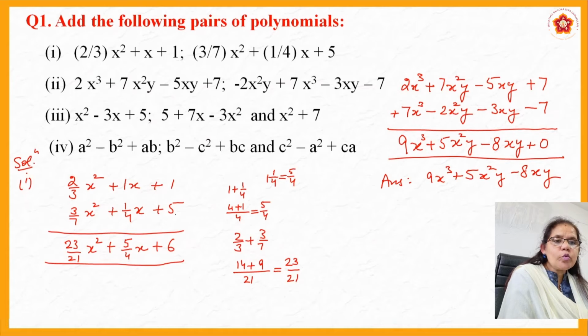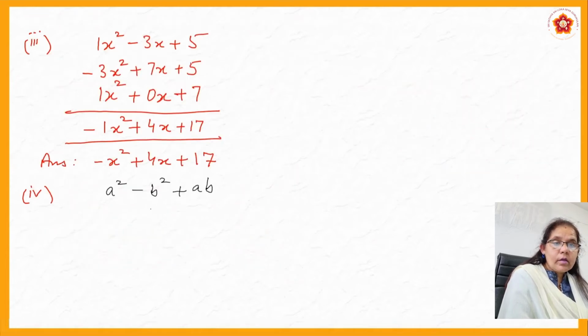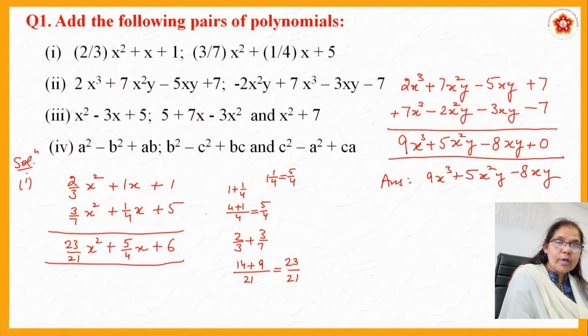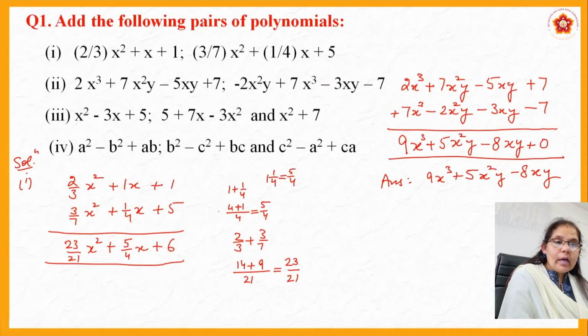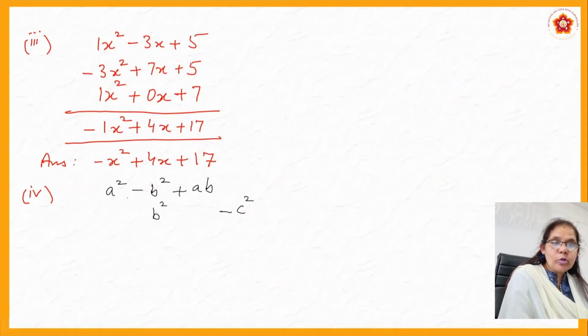Second term is b square minus c square plus bc. B square minus c square. There is no term of minus c square here, so I'll write it here. Minus c square plus bc. BC term is also not there in first one, so I'll write on BC here.